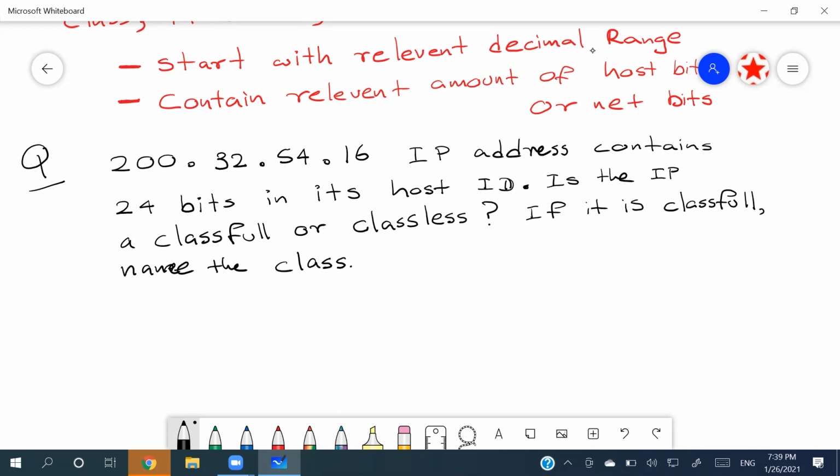Well done Dil sir. It is class full and class C. So how does Dil sir determine whether it is class full or classless? කොහොමද Dil sir ඒක ගත්තේ? කියන්න බලන්න අපිට.